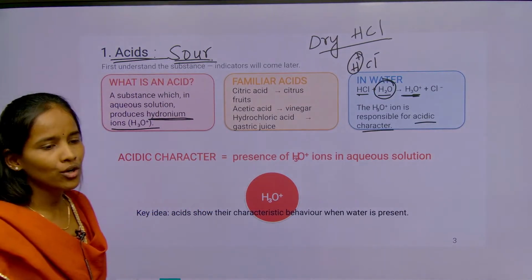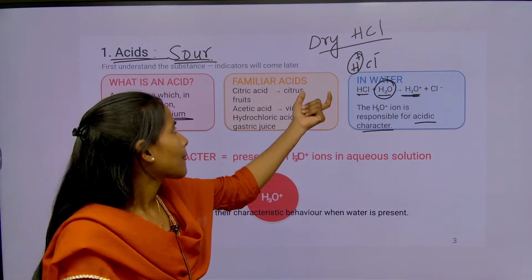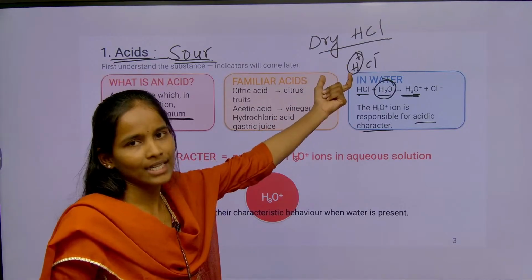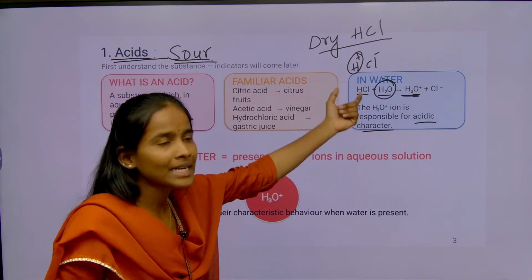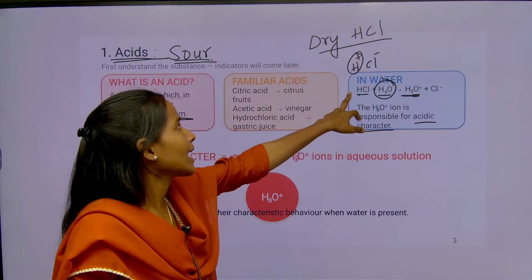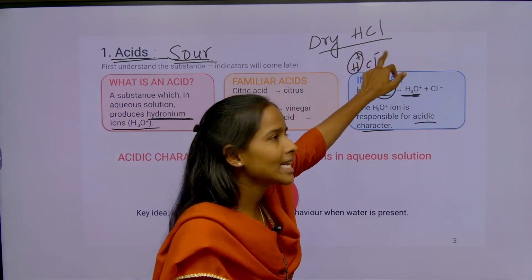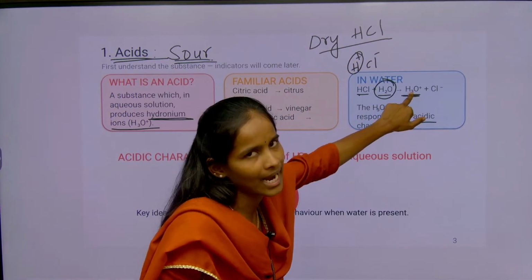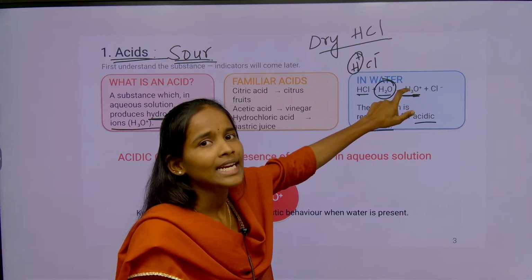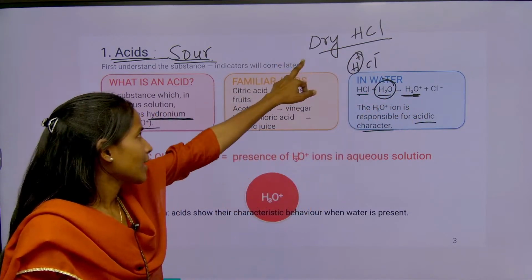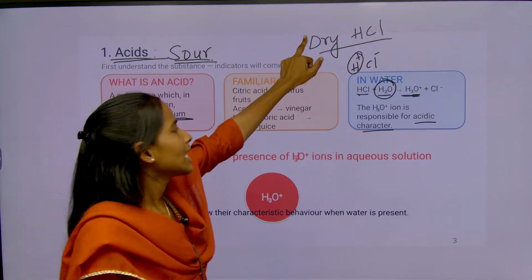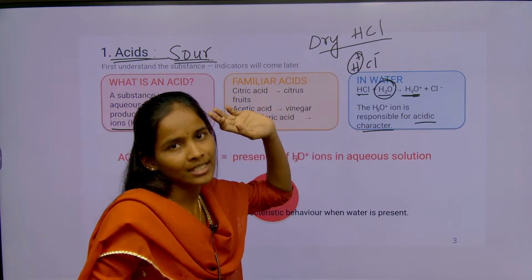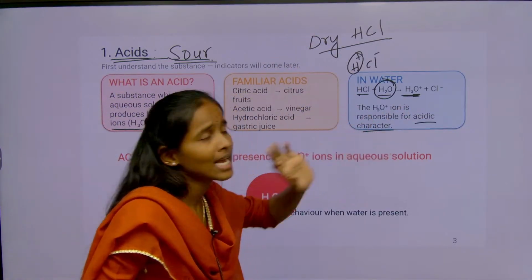Definitely no, because for any acid or base we have to check in the presence of water. Only in the presence of water will an acid release H3O+ ions, and then we say it is acidic in nature. Dry hydrochloric acid is not an acid because it will not release any H+ or H3O+ ions.